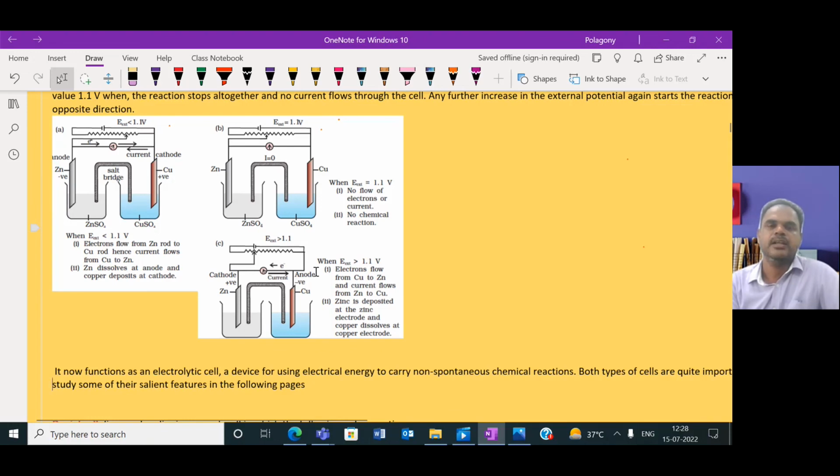If the external voltage applied is more than 1.1 V for the galvanic cell, the galvanic cell itself becomes an electrolytic cell. The electron movement takes place from cathode to anode.